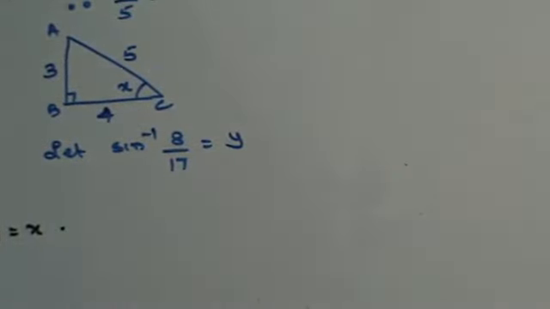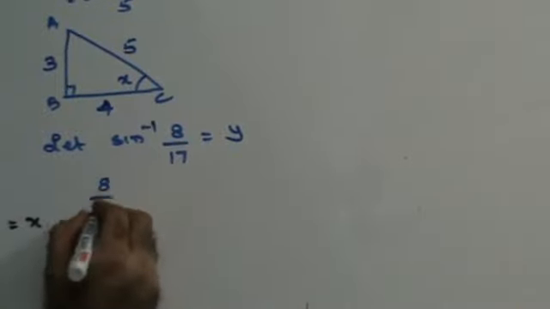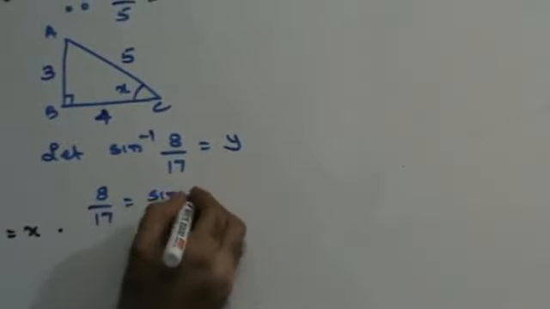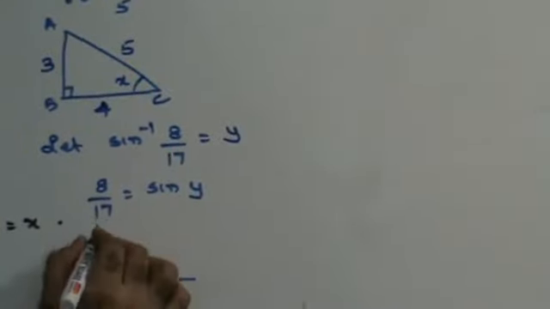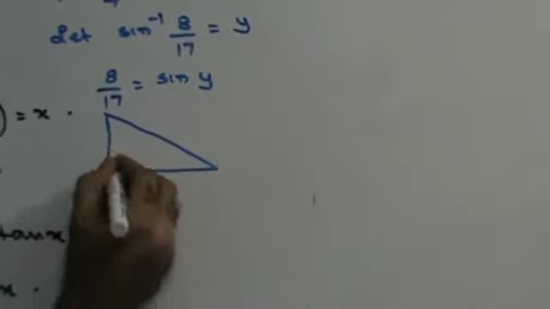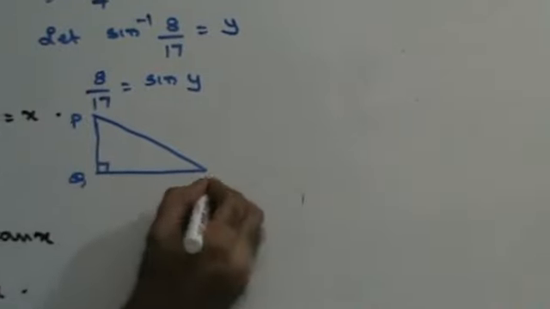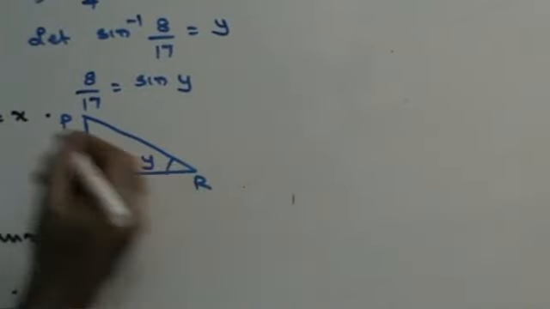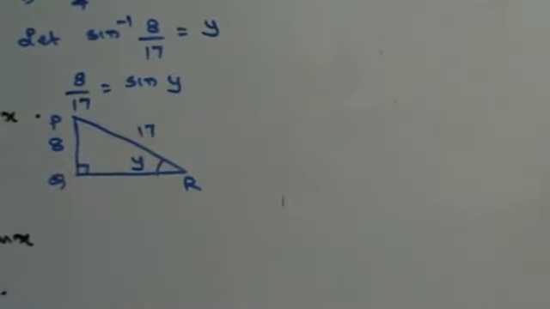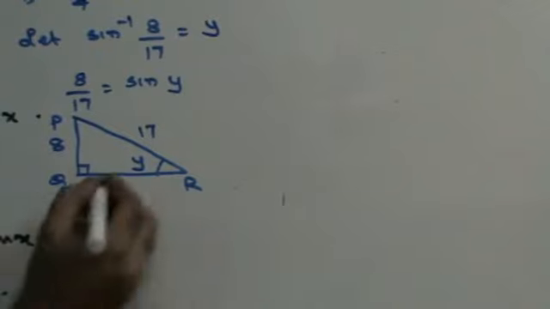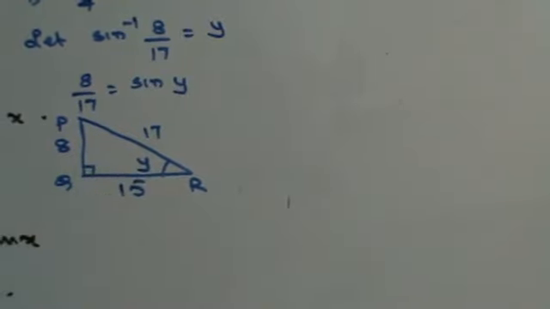In which case 8 by 17 is sine y. Draw another right angle triangle, guys. Let's draw a triangle PQR in which Q is 90 degrees and R is y. Sine means opposite upon hypotenuse. If I apply Pythagoras theorem, QR will be 15.